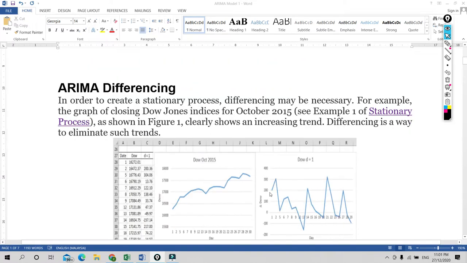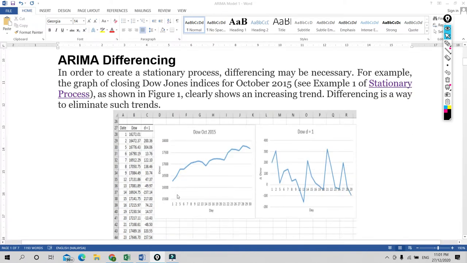This is how we do the differencing. Let's say we have data here: the price of the Dow Jones stock in October 2015. The graph shows an uptrend. When we have this type of data, we need to make the data stationary, and to make it stationary we need to do differencing.